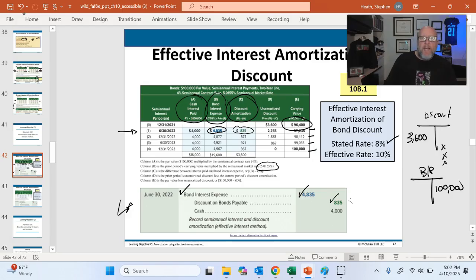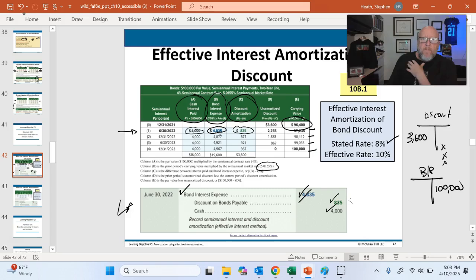And then we said the cash payment, it's just the face value times the stated rate every year. And so I can keep doing this period after period. I can do it for the second period, right? My interest expense, it's not going to be 4,835.